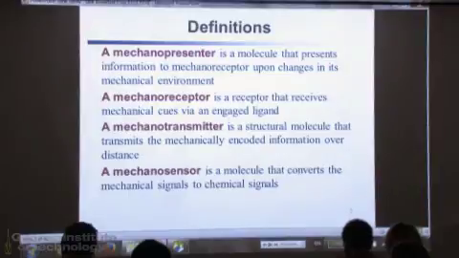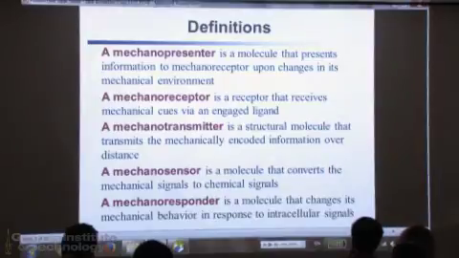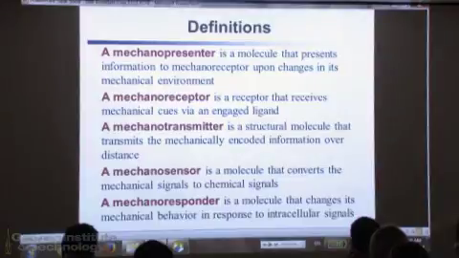A mechanosensor is a molecule that converts the mechanical signal to chemical signal at that molecule or an assembly of molecules. And then a mechanoresponder is a molecule that changes its mechanical behavior in response to intracellular signal.